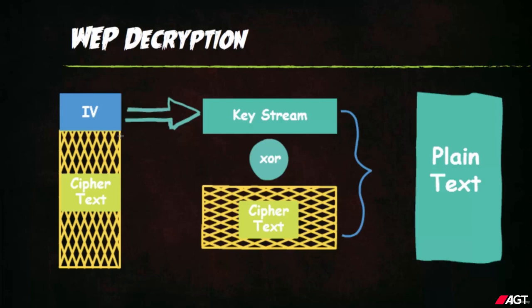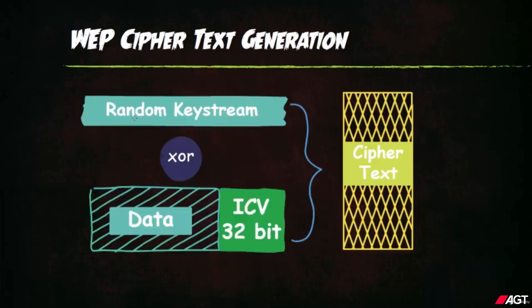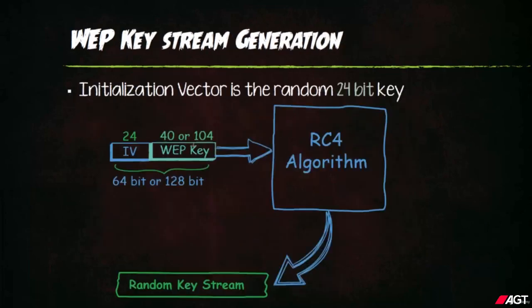So how does the supplicant decrypt this? Now you'll see how the supplicant decrypts this value. IV is in plain text, as I told you. So the supplicant can easily generate the key stream using this IV, because the supplicant also has this WEP key.